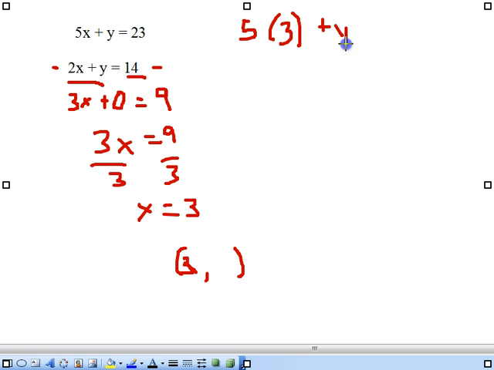So 5 times 3 plus y equals 23. 5 times 3 is 15, so 15 plus y equals 23. Then to get y by itself, we need to subtract 15 from both sides.